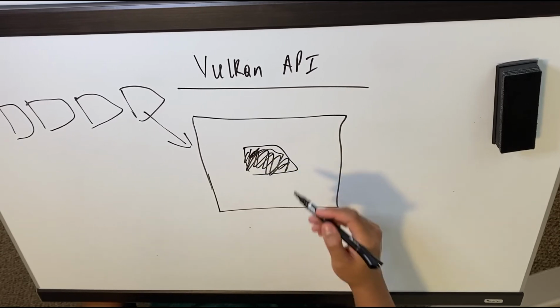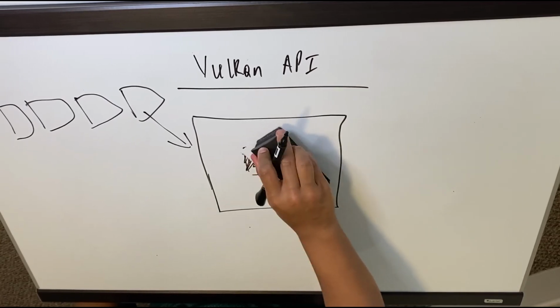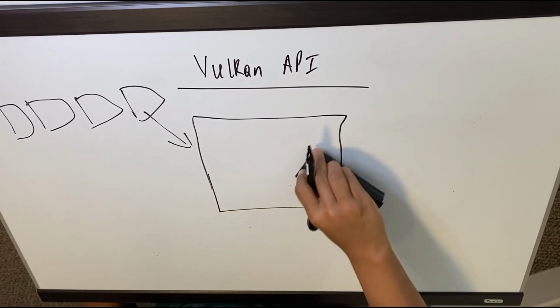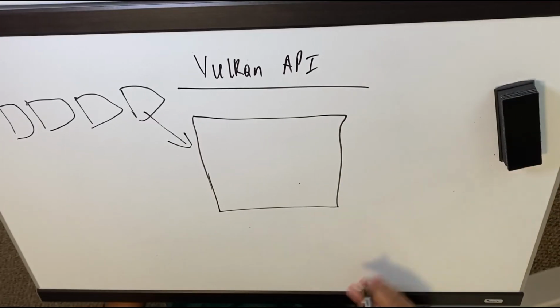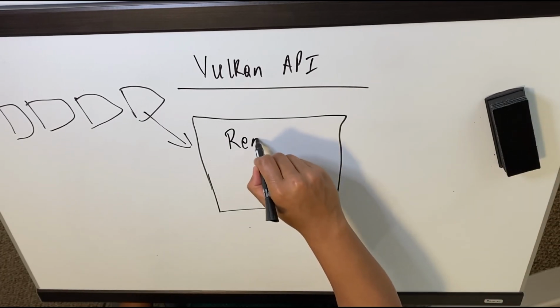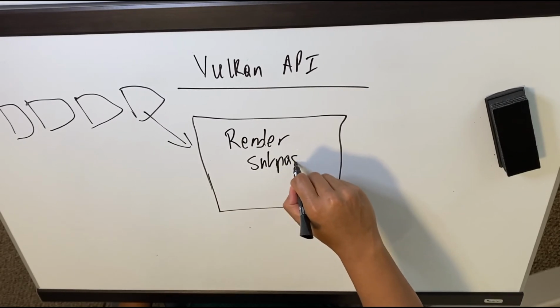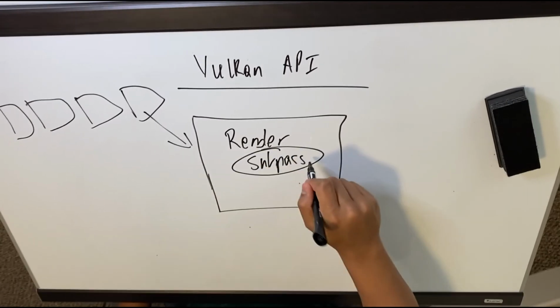So the render pass basically allows you to make modifications to what is actually going to be shown on the viewport. So in the example that I followed, you add color. You have a render pass, and then you have various subpasses. The subpass is where you actually add the color.